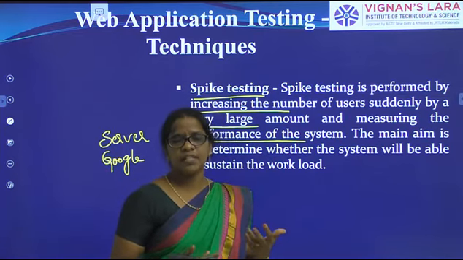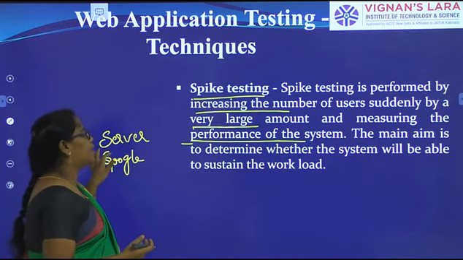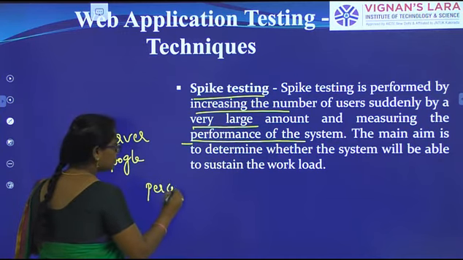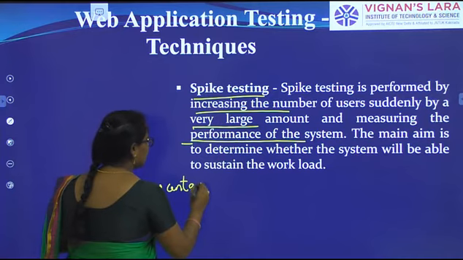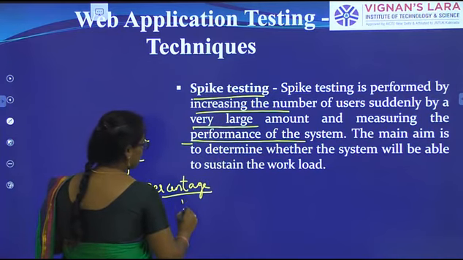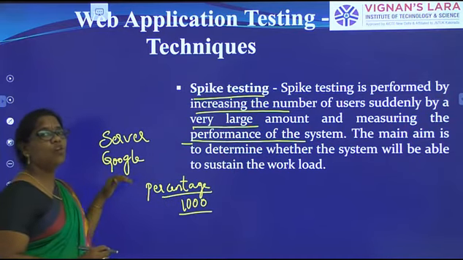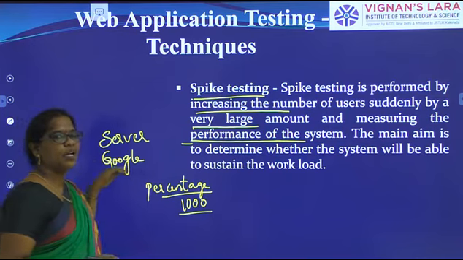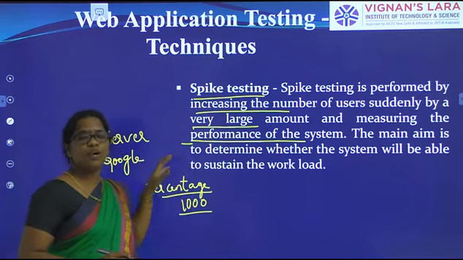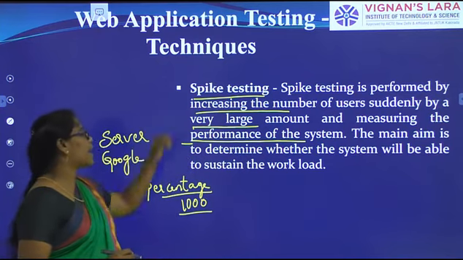When the usage of Google is increased by 1,000 times the regular number of people, how will the system react to that? How the users are increased suddenly, how will the system take the load? How is it reacting to that? That is called spike testing.